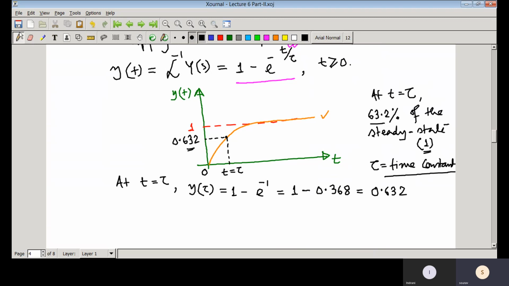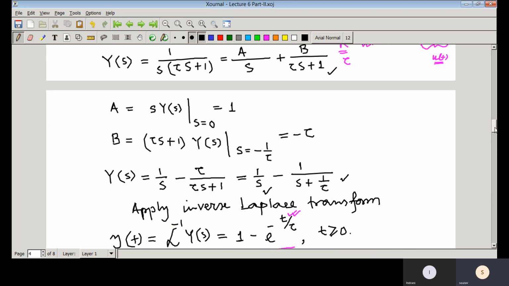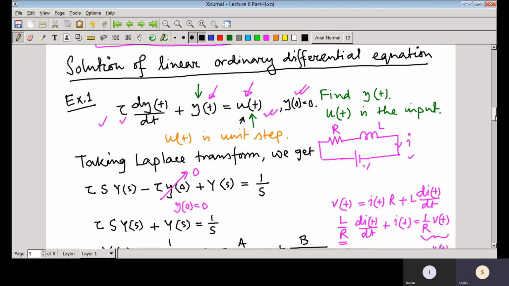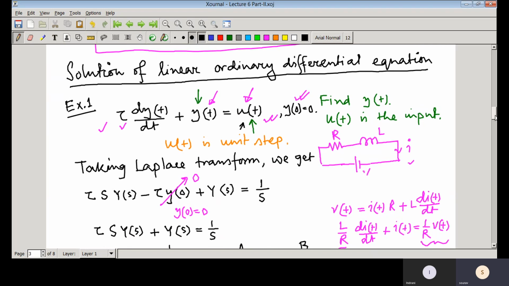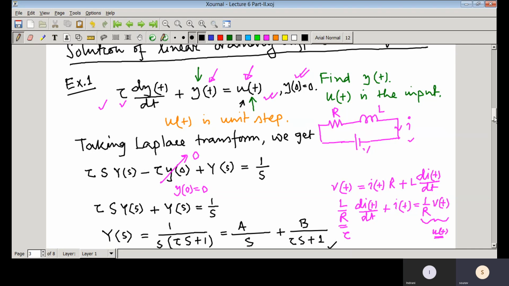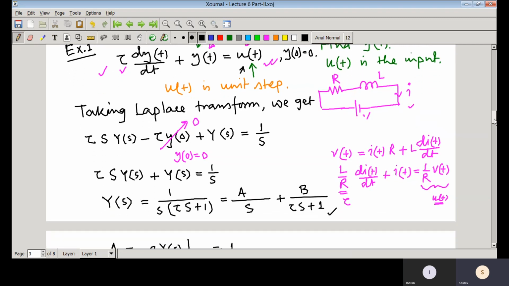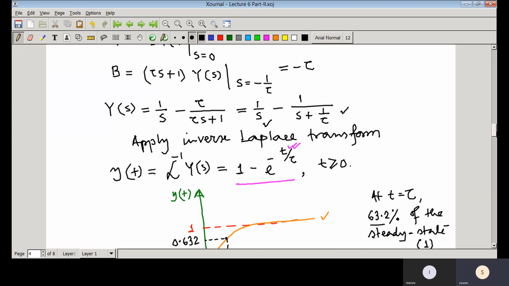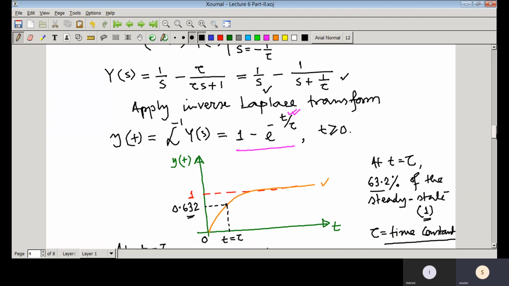So actually from this particular example, what you have learned, whenever you have a first order differential equation, it has many physical interpretations, and we have discussed that RL circuit, series RL circuit, and first we apply that Laplace transform, and then we get that inverse Laplace transform, and we find this expression.